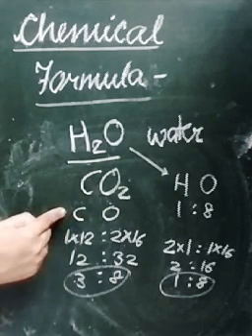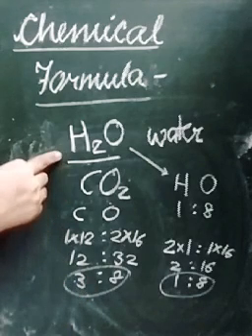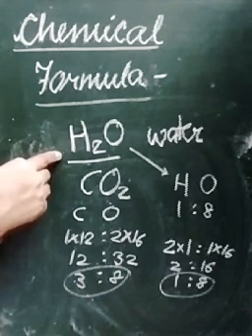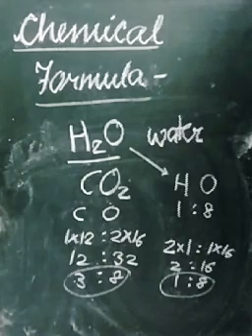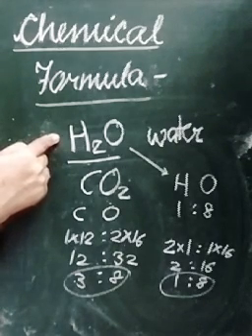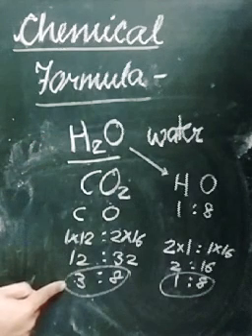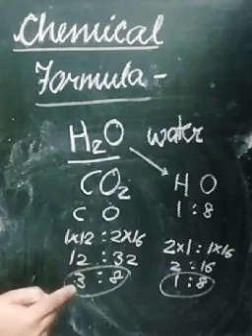So it's showing which elements are present, how many atoms of those elements are present, and how those elements have combined in a definite ratio of mass to form one molecule of the compound. So it represents one molecule of a compound, and it also gives us the idea about the chemical composition of the compound.